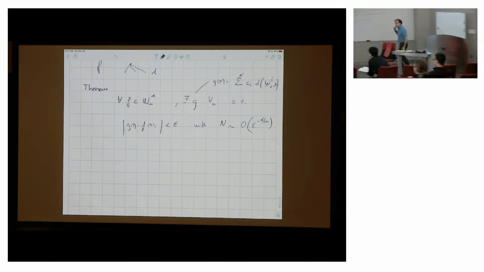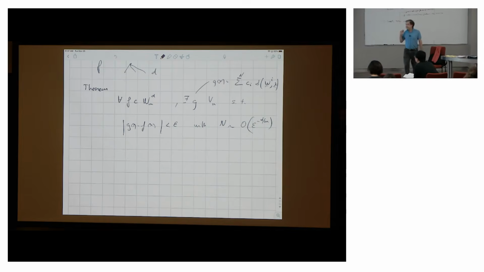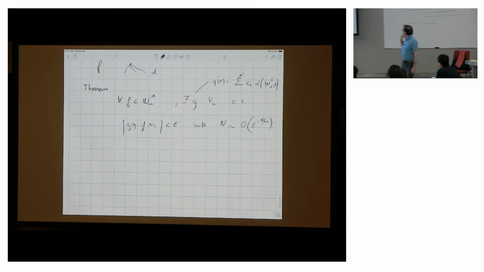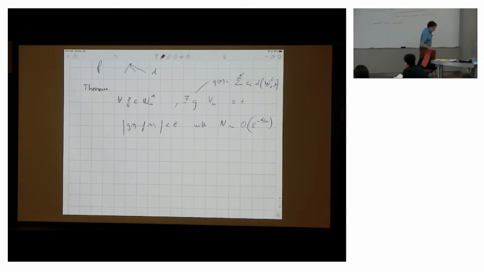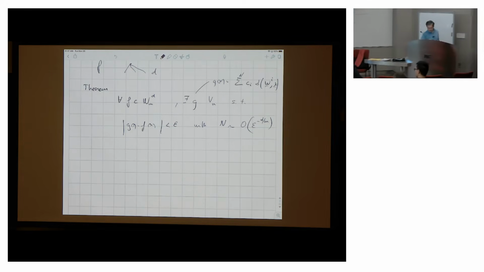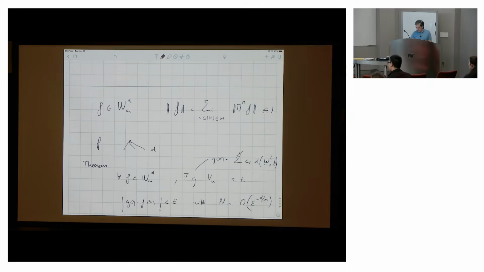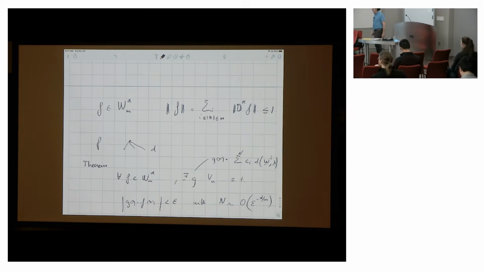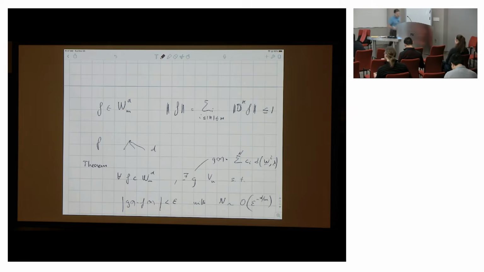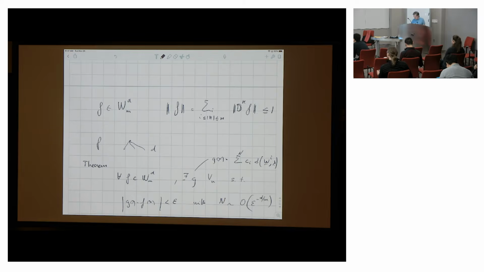What was that notion of norm that you defined? So this is a derivative, so the norm is the norm of all the derivatives. I can define many norms, it can be the L2 norm.